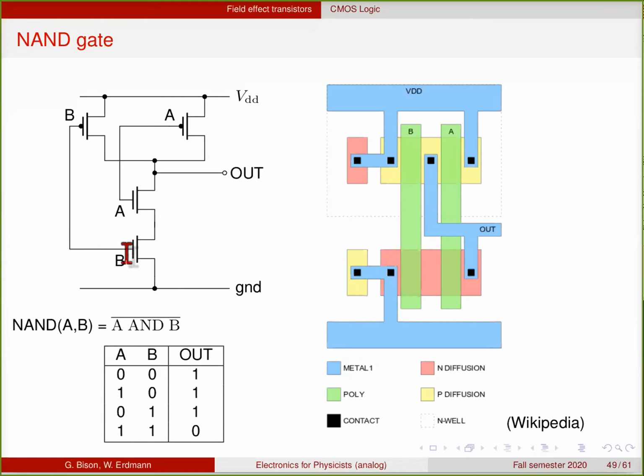So if both A and B are high, then these 2 transistors will pull down the output node. And if either of them is low, then the PFET here will be turned on, either A or B or both, and pull this node up. This is shown here. So only if A and B are high, you will get a 0 at the output, and if either A or B is low, the output will be high.